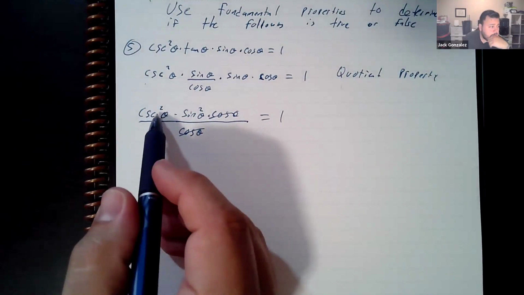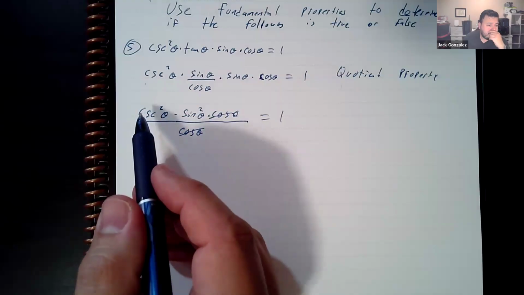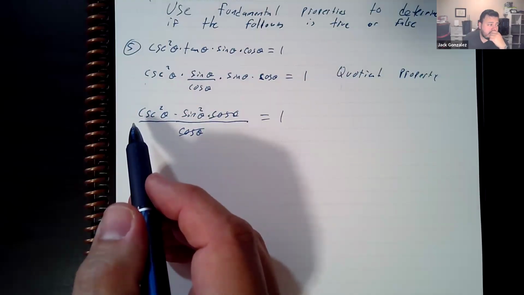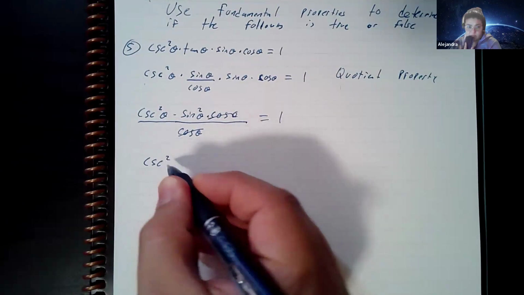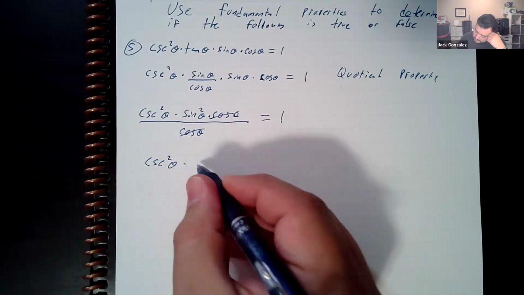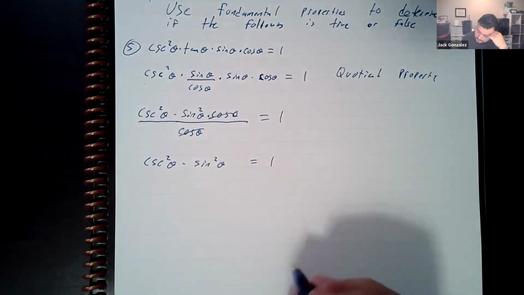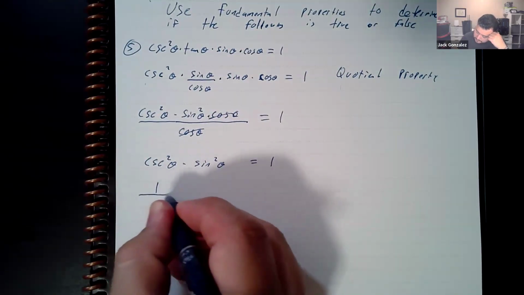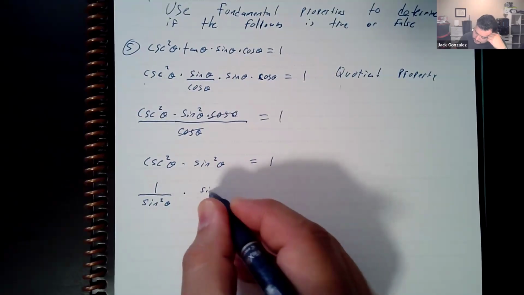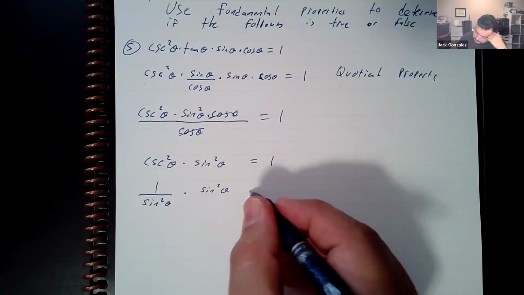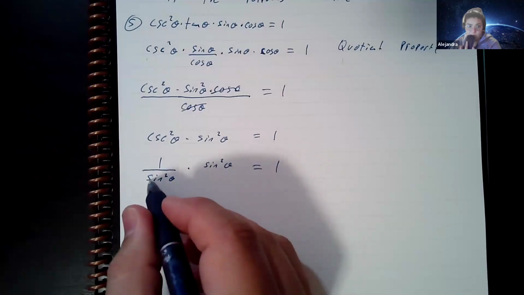Now, what is cosecant in terms of reciprocal? It's 1 over sine theta, right? Did you see what's going to happen? And then they cancel each other out.